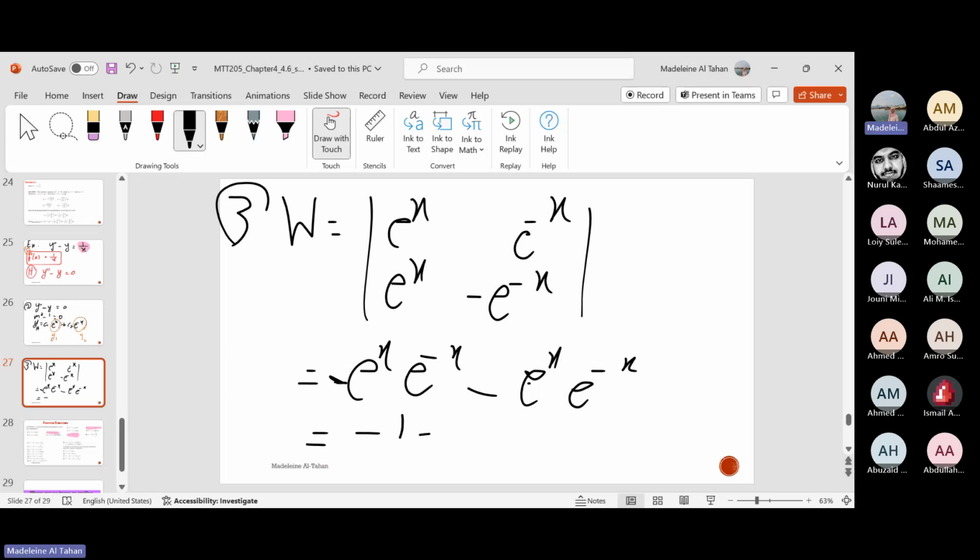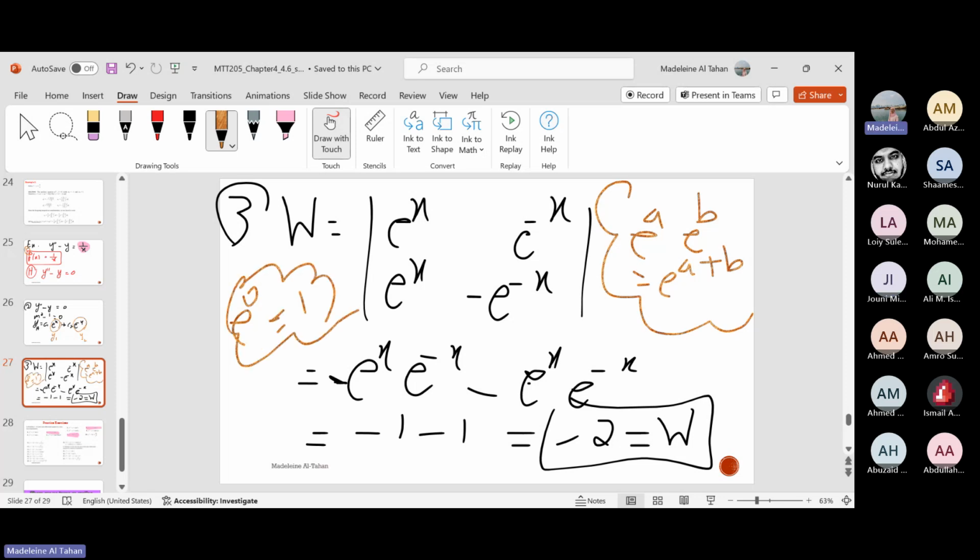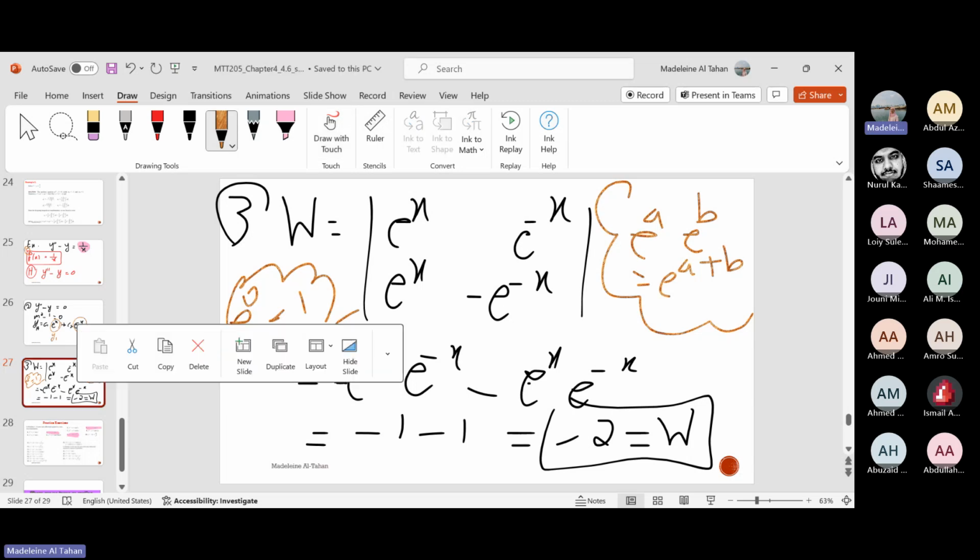This one will get negative 1, which is negative 2. e to the power 0 is equal to what? 1. Did all of us get the Wronskian as negative 2? Yes. Okay, this is W. What do we need to find after W?